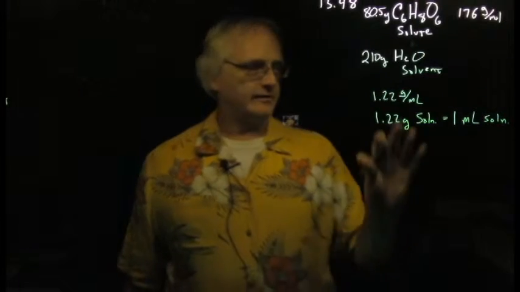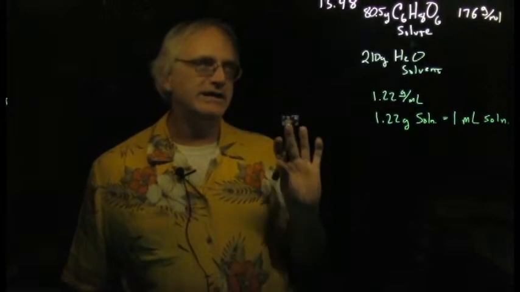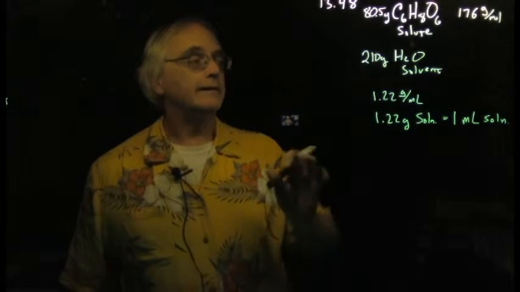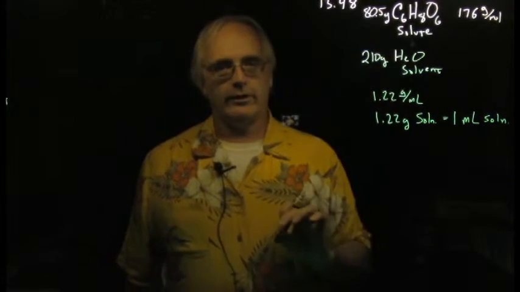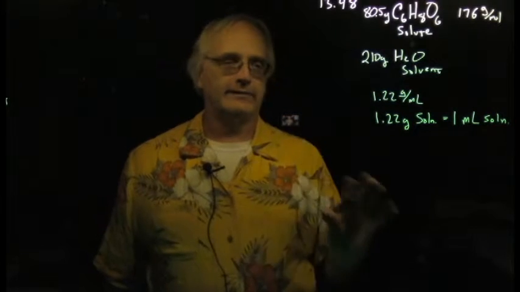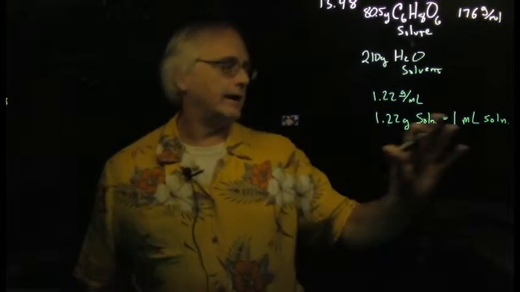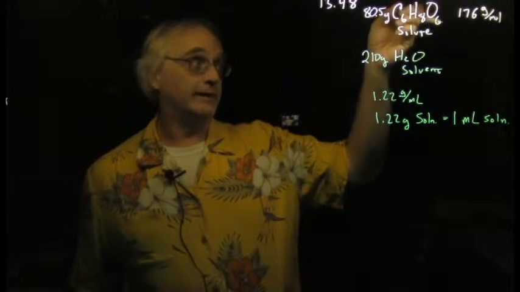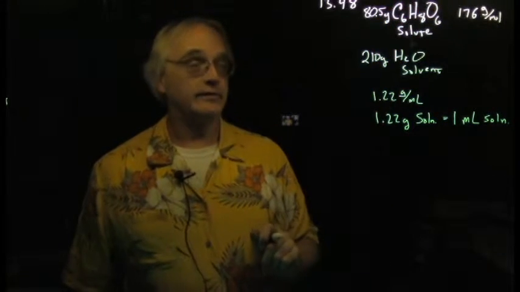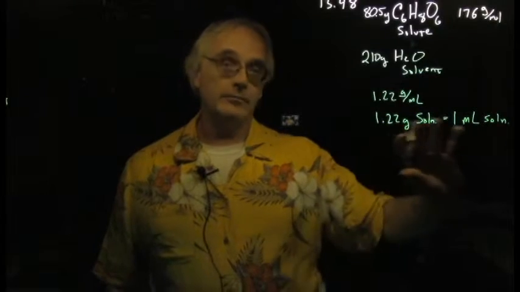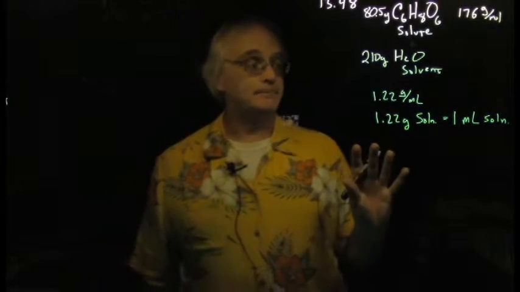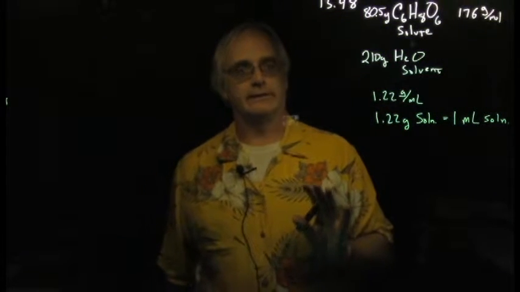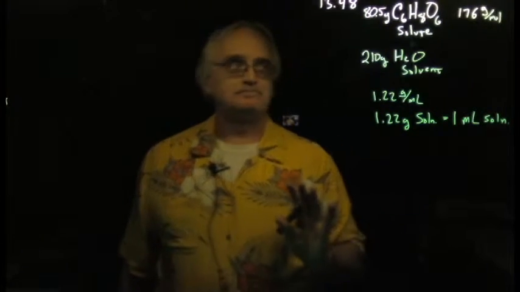Okay? In other words, these numbers are not vitamin C itself, the solute. They are not H2O, the solvent by itself. They are related to the solution, the combination of the vitamin C solute in the water solvent. So it's vital that we make note of that and keep this stuff in mind and be very careful as we do these calculations. So off we go.